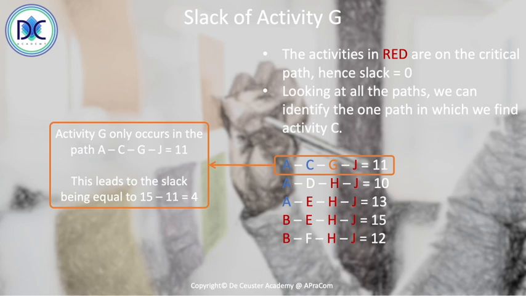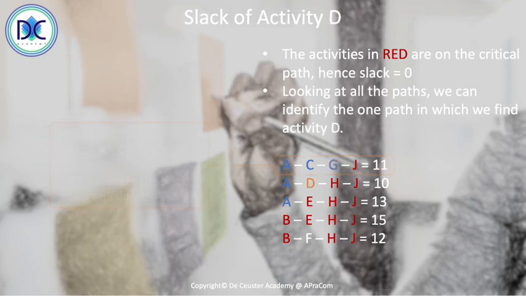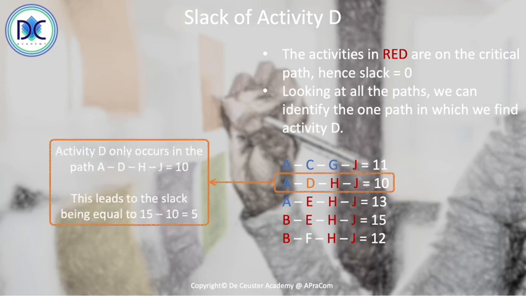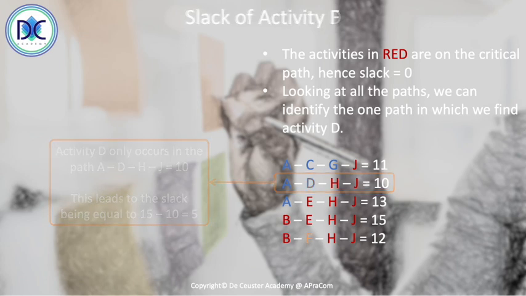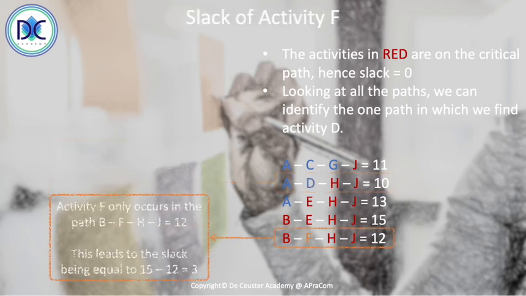For the activity D, only in the path ADHJ with the duration of 10, so we can say that the slack here is 15 minus 10, which is equal to 5. And the last activity, activity F, is only in the path BFHJ with a duration of 12, which leads to a slack of 15 minus 12, which is 3.